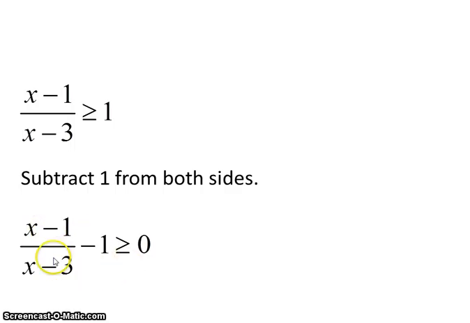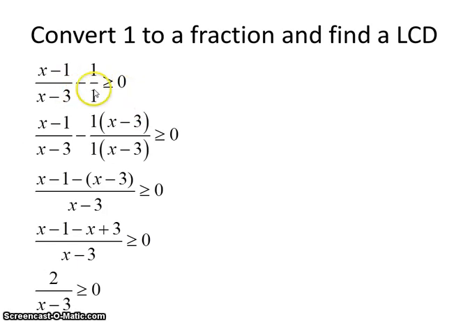Now we want to convert this to a single rational expression. So we're going to have to turn 1 into a fraction and find an LCD because we are subtracting two fractions. In this case, our LCD is x minus 3. And once we have the same denominator, we can subtract the numerators.